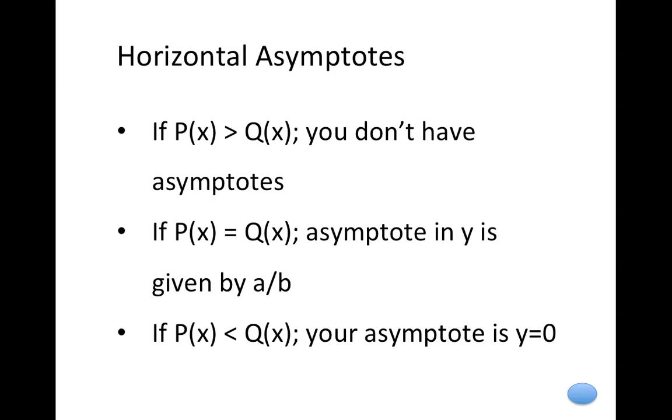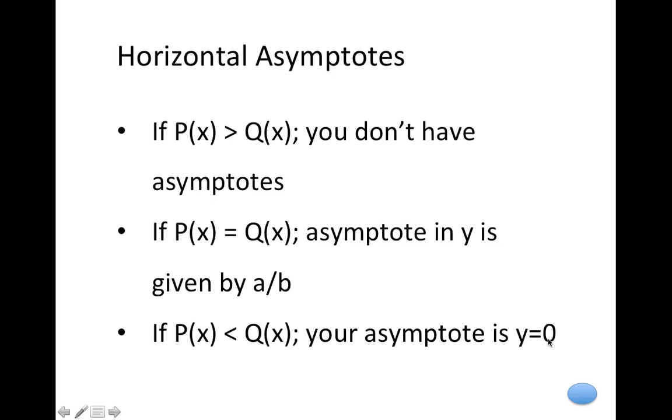Remember, the leading coefficient is the coefficient of the highest-degree term in your polynomial. And the last one: if the degree of P is less than the degree of Q, the denominator, your asymptote is y equals 0.